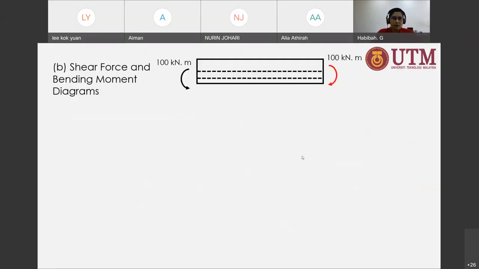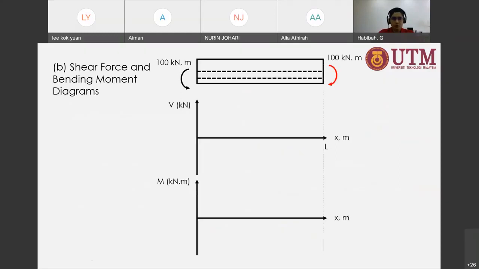And then you are asked here to draw the shear force and the bending moment diagram. So what we need to do now is to draw our axis. So I have my axis for my shear force and my bending moment diagram here. So this is a distance L. All right. So I have no other distributed load. I only have that concentrated moment.